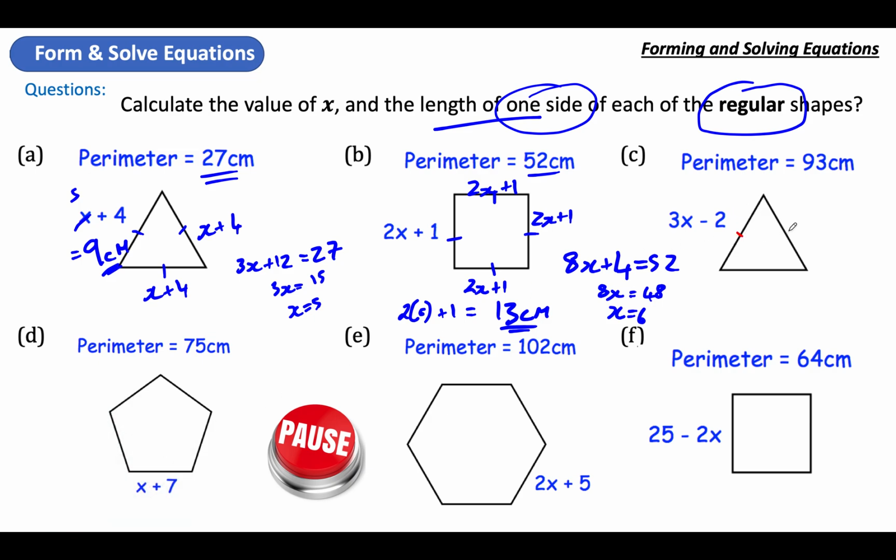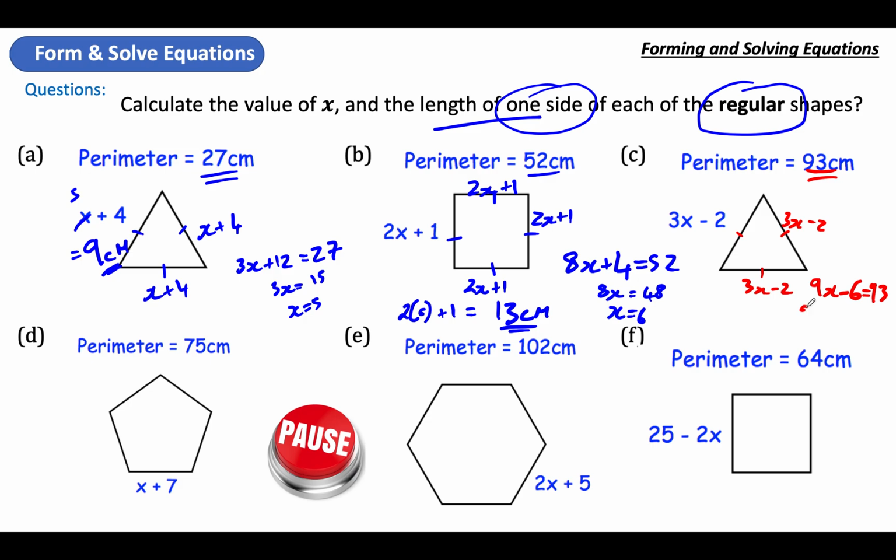Right. All the sides are the same. So all the sides are 3x minus 2. Add them all up. Well, 3x plus 3x plus 3x is 9x. Minus 2 minus 2 minus 2 is minus 6. And that equals 93, because it says so in the question.